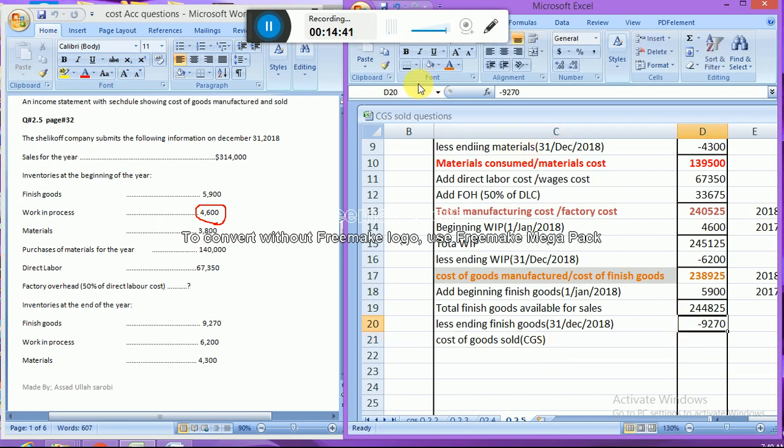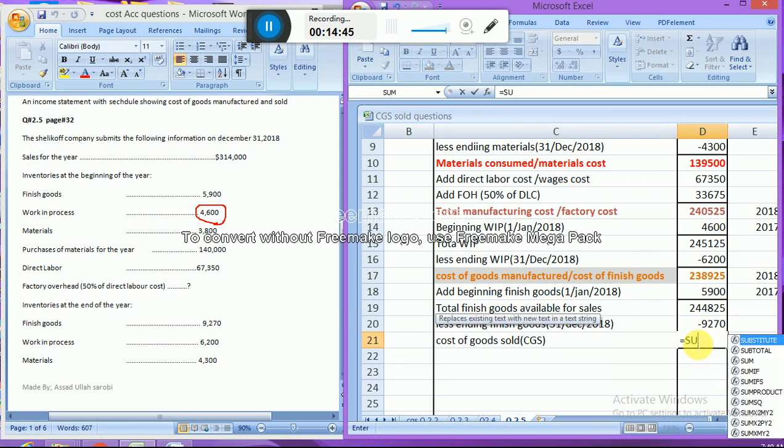We will subtract this from the total: 2,44,825 minus 9,270.